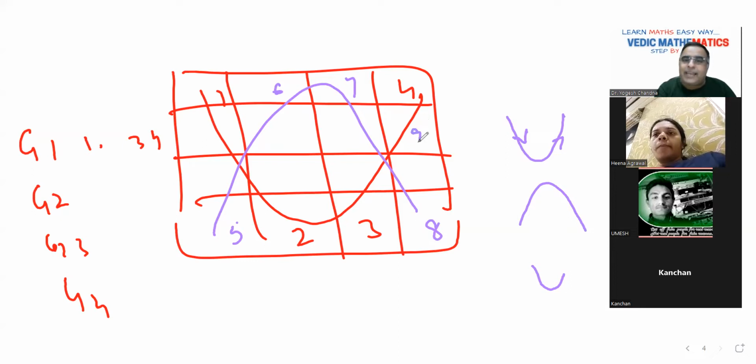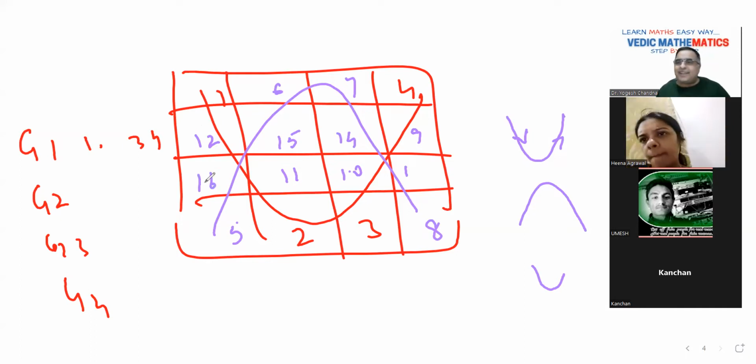So it would be 9, 10, 11, 12. And reverse again: 13, 14, 15, 16. So now you can check. This is for 4x4.